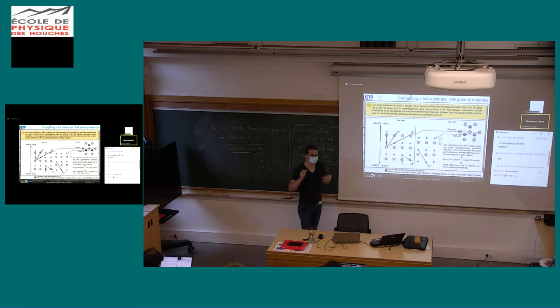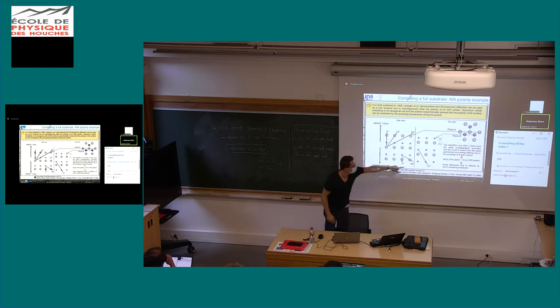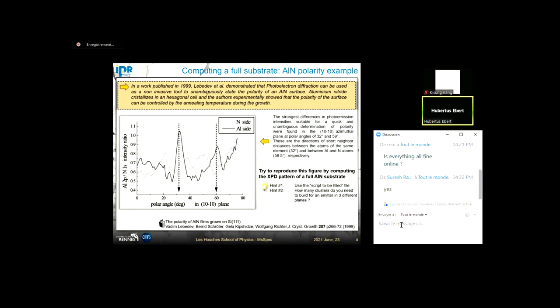So the shape of the photoelectron diffraction pattern should change only due to the difference between the scattering amplitudes. So it means that if you look at the PED pattern, you will see clearly the difference between both polarities. And they did that, and this is what they observed.